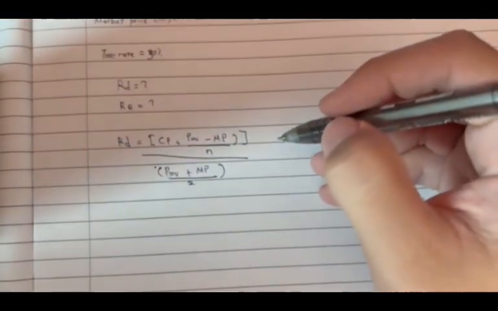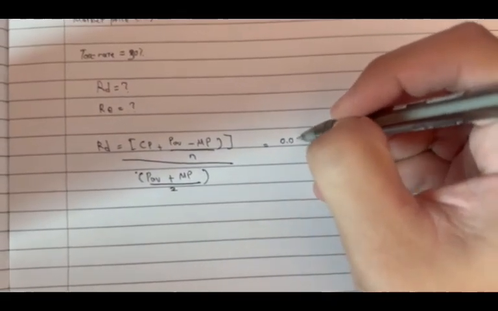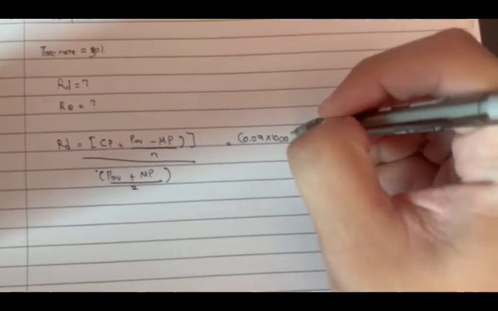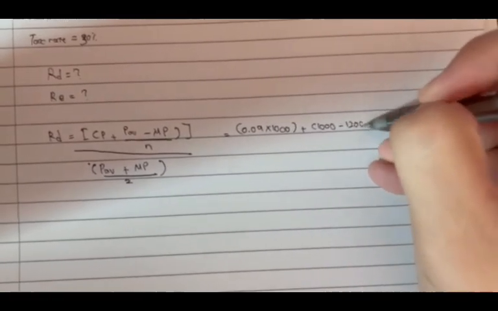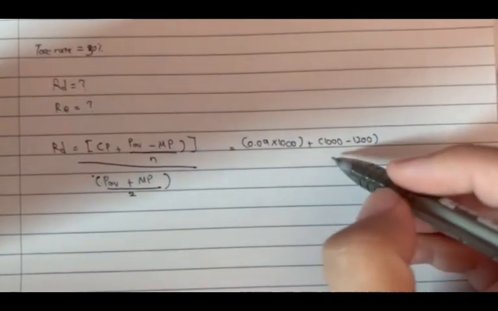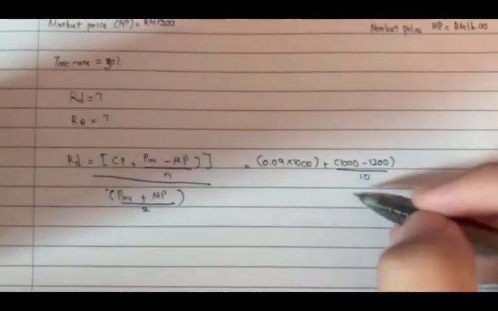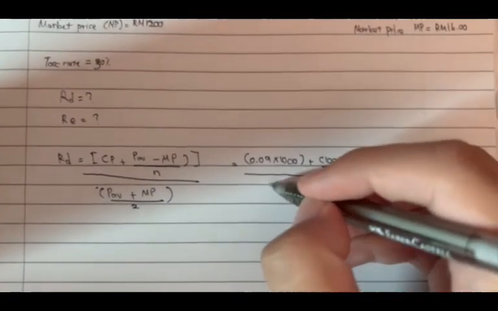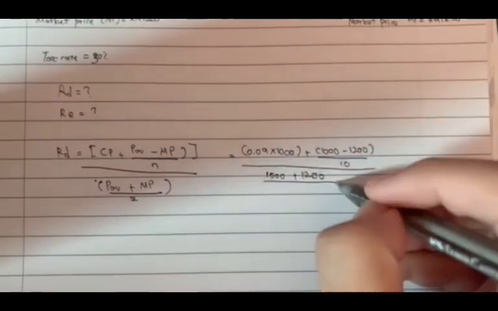So basically it equals 0.09, let's not forget the bracket, divided by 1000, plus 1000 minus 1200, bracket, 10, after that 1000 plus 1200, over 2.